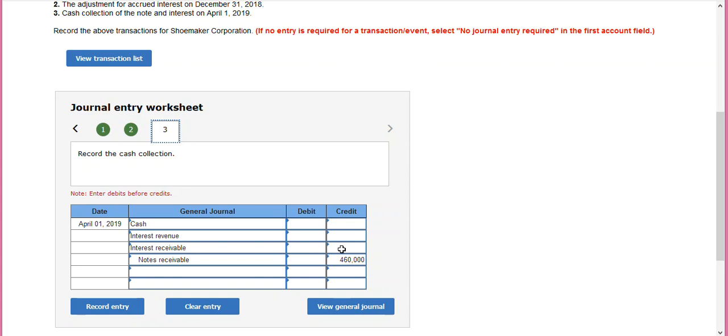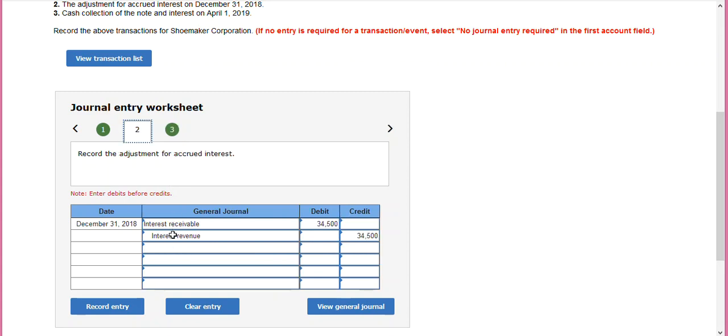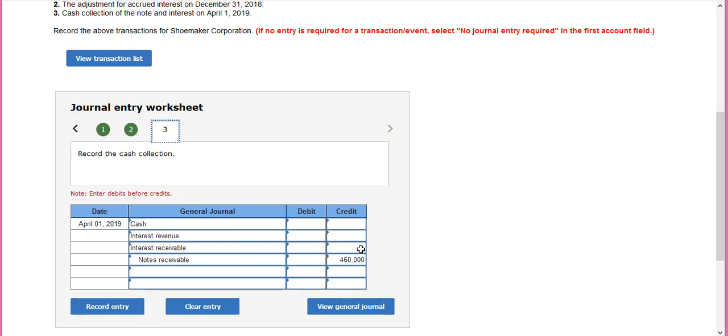Our interest receivable was what we did in entry 2. So we debited $34,500 in interest receivable. We need to get that off of the books, so we're going to credit it. And we need to record the other 3 months of interest. So that would be $460,000 times 10% times 3 months divided by 12 is $11,500.